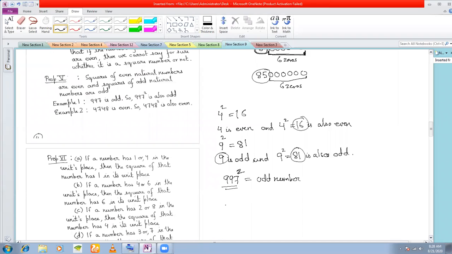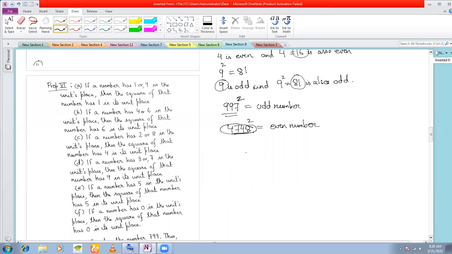If I give you another big number, 4748, and I ask you whether the square of this number will be even or odd, clearly 4748 is an even number. The square of this must be an even number. I heard someone saying odd. Why odd? I hope this is clear. You have understood this.